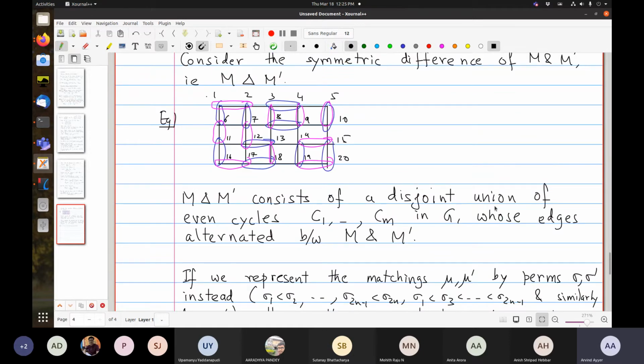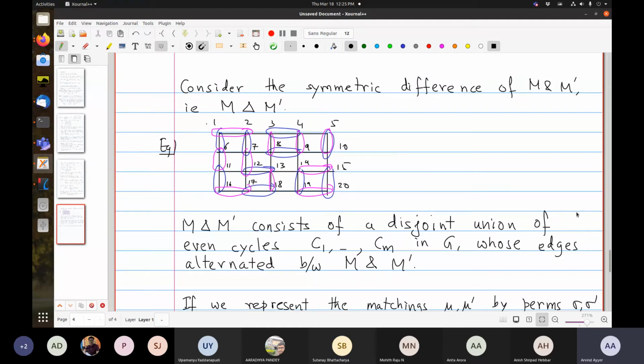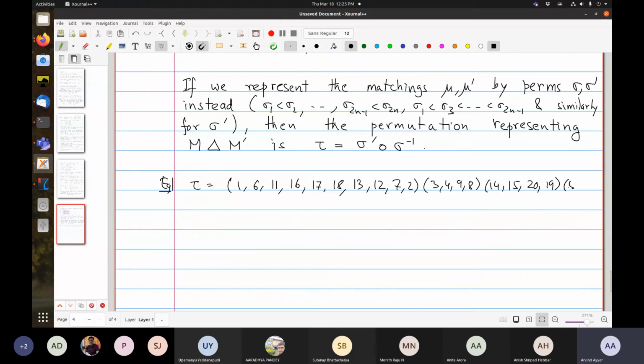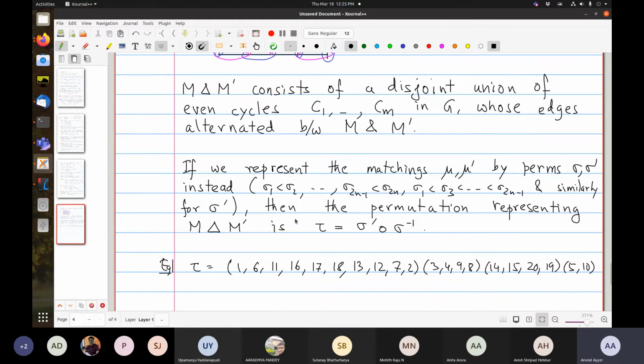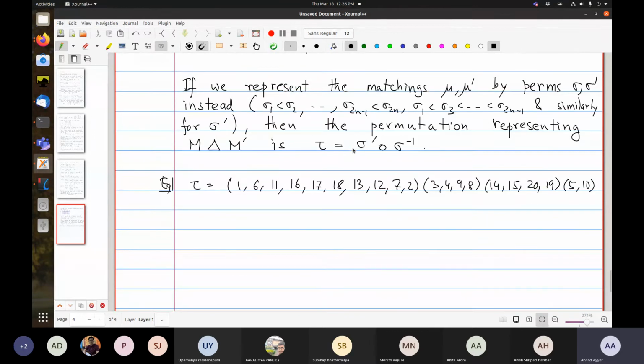Then the cycle is 14, 15, 20, 19. And the last cycle is 5 maps to 10 and vice versa. Okay? And this permutation is going to be precisely the composition of sigma prime with sigma inverse, because whenever you have sorry, no, that's wrong.